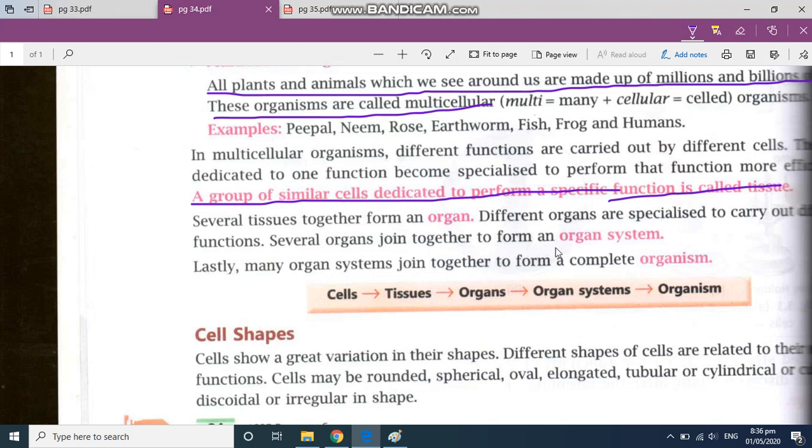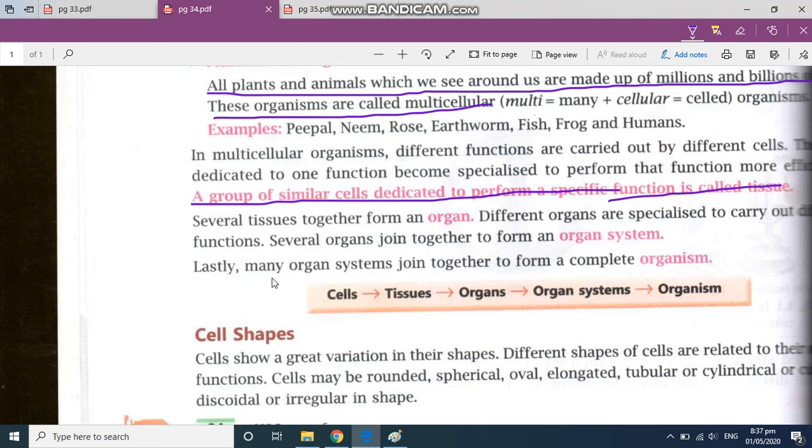Now let's talk about one system like the digestive system. The digestive system starts from the mouth and goes till the anus. It has the stomach, intestine, liver, all these are parts of the digestive system. Same we talk about the circulatory system. It has all the blood vessels and the heart. It forms a complete circulatory system.